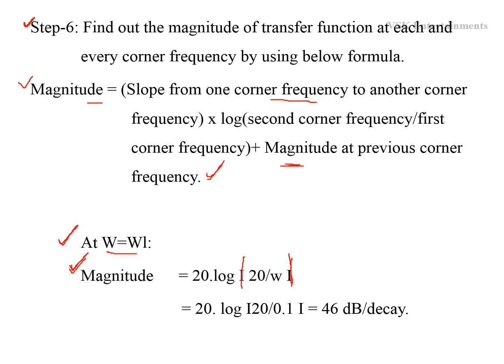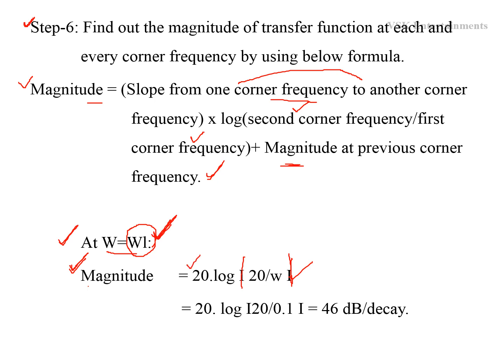Why we use this formula: this is the first corner frequency, so there is no slope from one corner frequency to another, and there is no concept of second corner frequency and first corner frequency at omega is equal to omega L. So we use this formula for finding the magnitude at the lowest corner frequency.